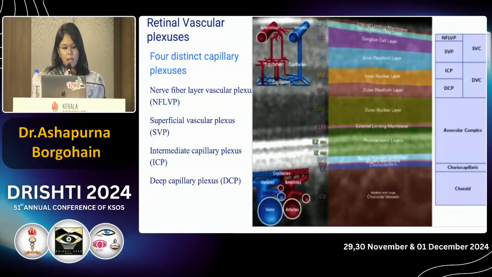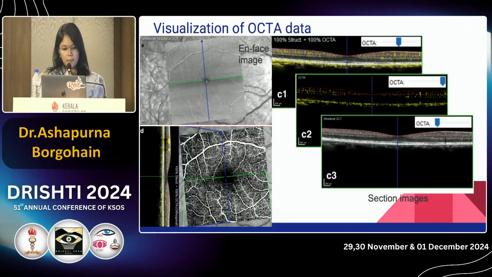The 4 distinct capillary plexuses which we can see in OCTA are the nerve fiber layer plexus and superficial vascular plexus, which are seen in the superficial vascular complex, and the intermediate and deep capillary plexus, which together form the deep vascular complex. When we get the raw data from an OCTA, we can see it as an en-face image or section images. The en-face image can be of 2 types: the structural en-face image, and the OCTA image.